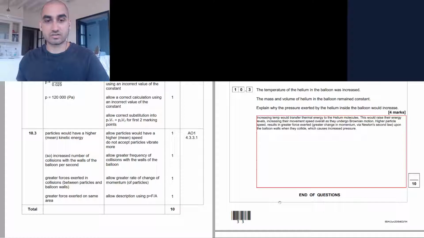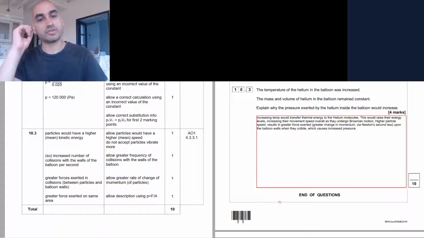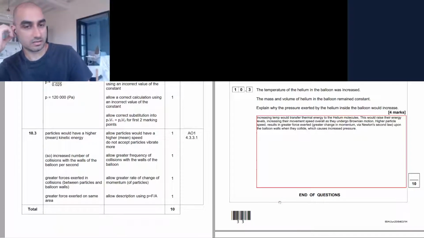Increased number of collisions with the balloon per second. It doesn't have to be, but I suppose it is. But that's not important. What is important is that they're going at a higher speed. That means higher momentum.